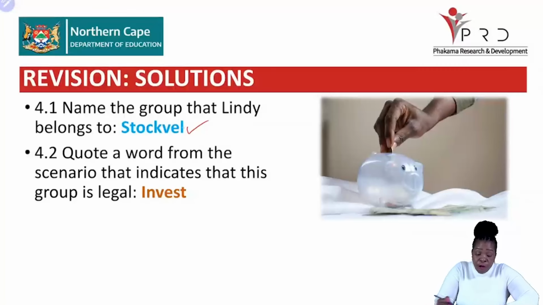And then our 4.2 says quote a word from the scenario that indicates that the group is legal. So the word is invest. They invest their money. Sometimes some of these people who run stokvels deposit their money into the bank as a group so that the money can earn interest. Let's proceed.